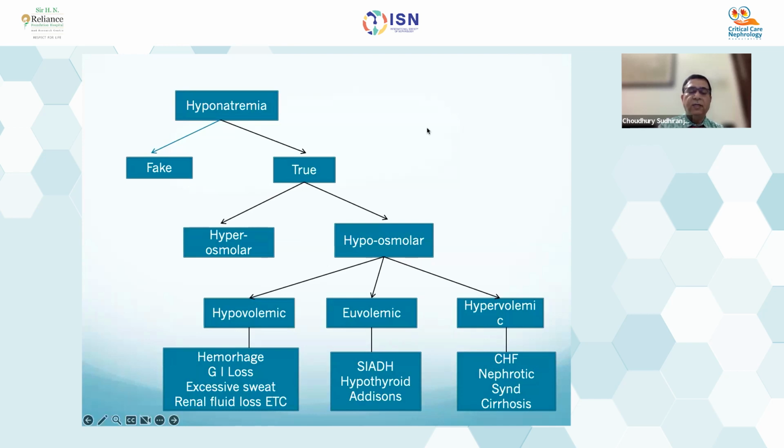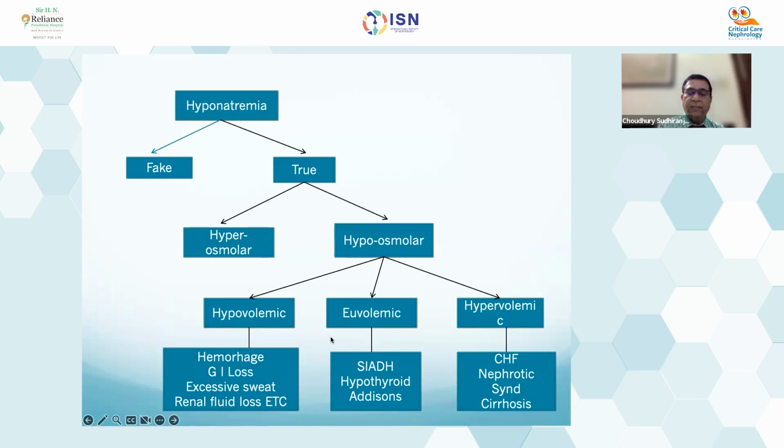It has to be a salt containing fluid, so that we can make it isotonic to our plasma and drink it. Then you know about renal fluid loss due to diuretics and other things, which can create hyponatremia, where intravascular volume depletion is one of the components, that is hypovolemic.